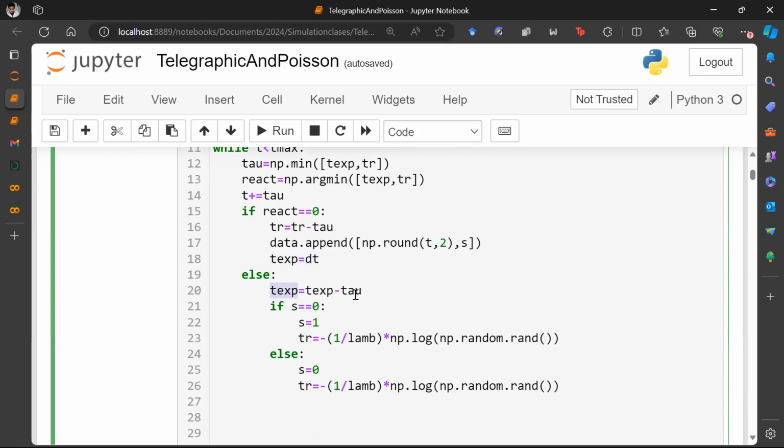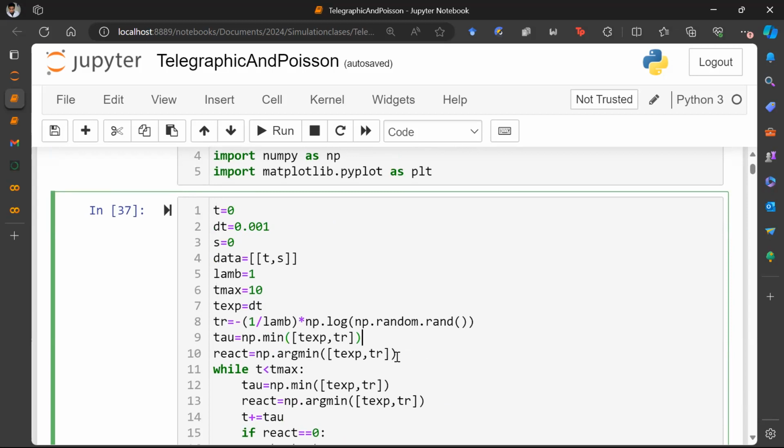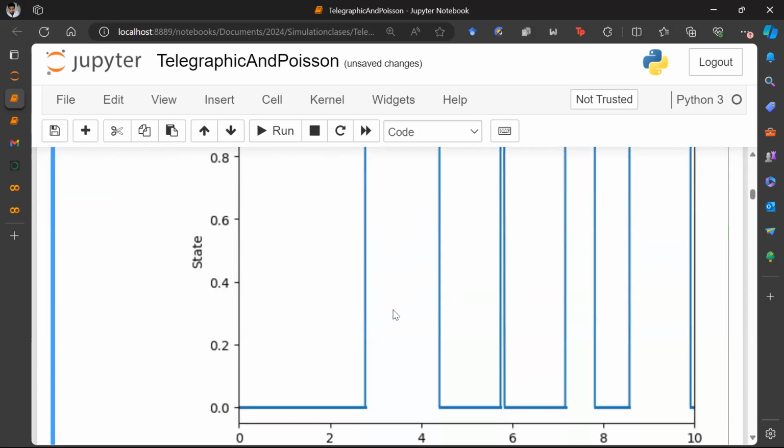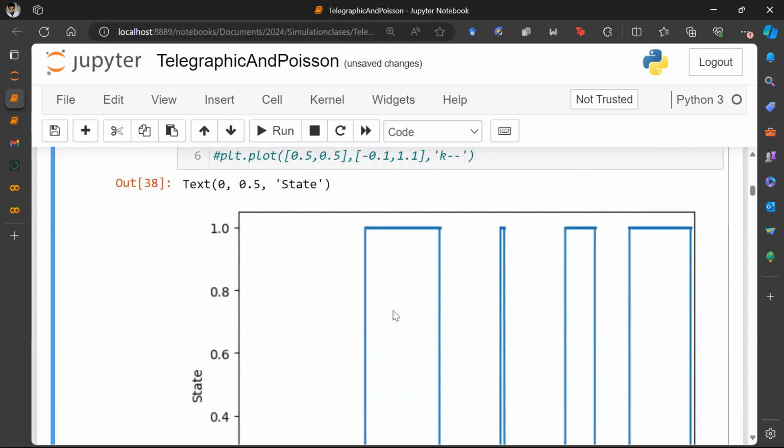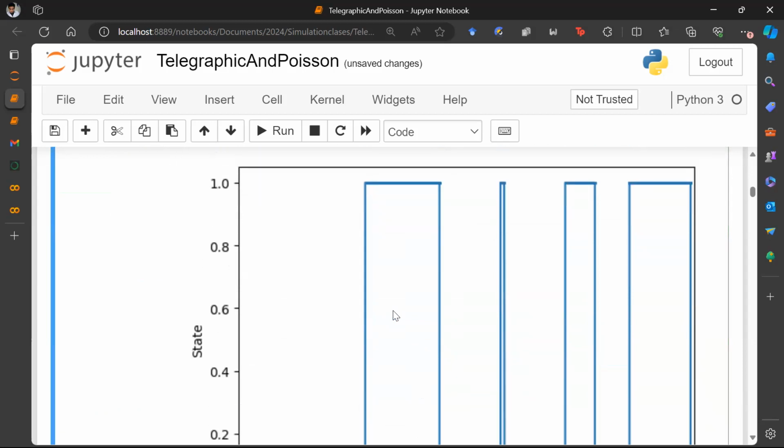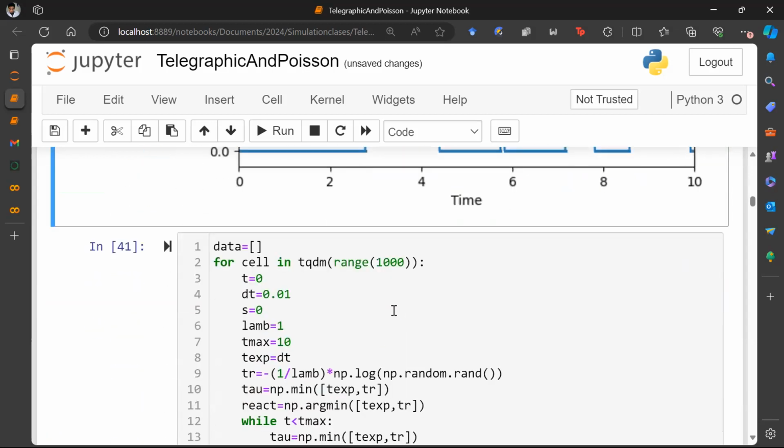Otherwise, I subtract the time to reaction from the time for exporting, and if the state is 0, it jumps to 1, and I get a new time for reaction every time. Essentially it's the same. So you have something like this, a typical trajectory.